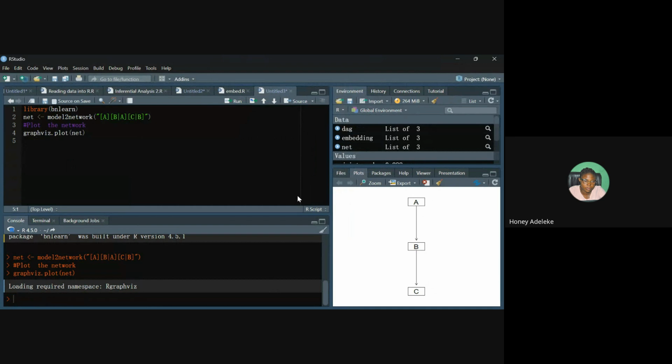Then we have C given B. If you have more nodes, maybe D conditioned on C, you are going to have something like this. And if it is conditioned on B, it gives you another different structure.